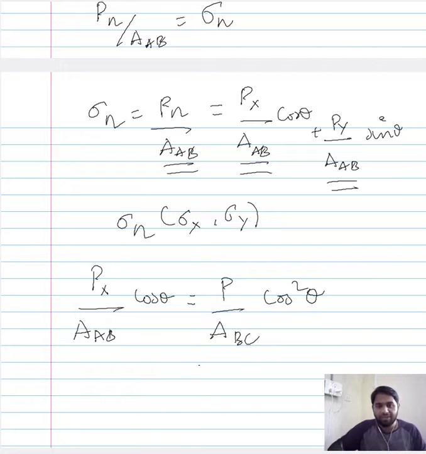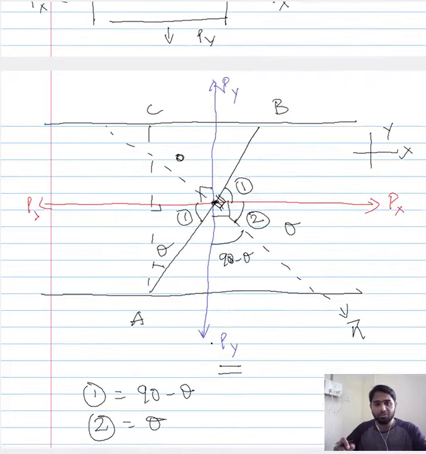Now the way we have translated AB to BC is the way we have done it for the two-dimensional case. If you look here, the ratio of AC and AB is nothing but cos theta, and therefore we have used that cos theta relation, that cos theta is the ratio of AC and AB.